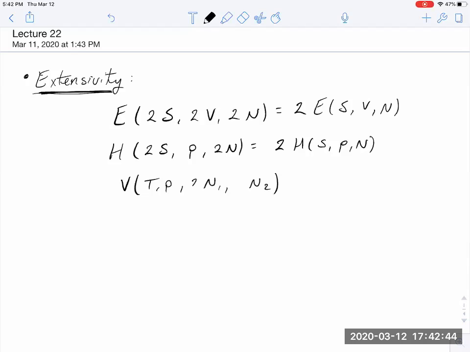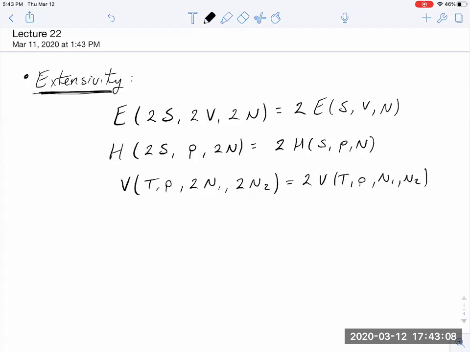If I double both the extensive variables, both N1 and N2, holding temperature and pressure fixed, well, that's like what I would have if I had 2 copies of a volume with a single set of N1 and N2, keeping the pressure and temperature fixed.